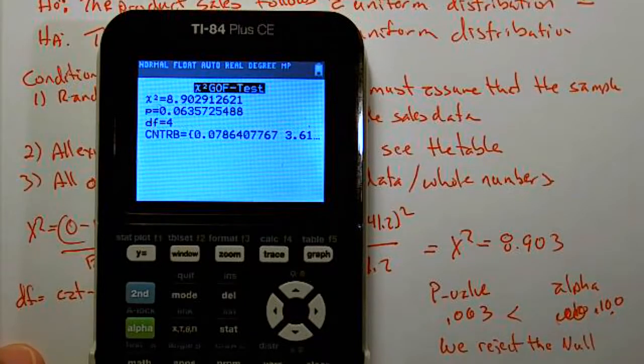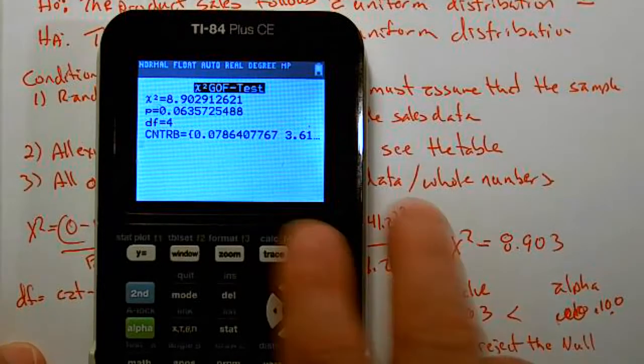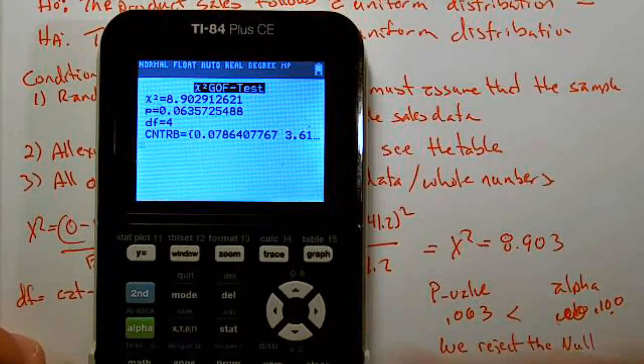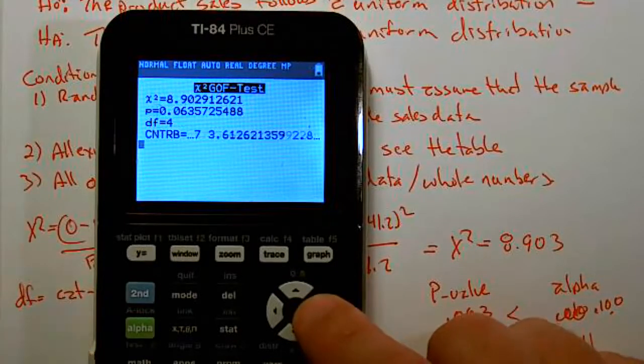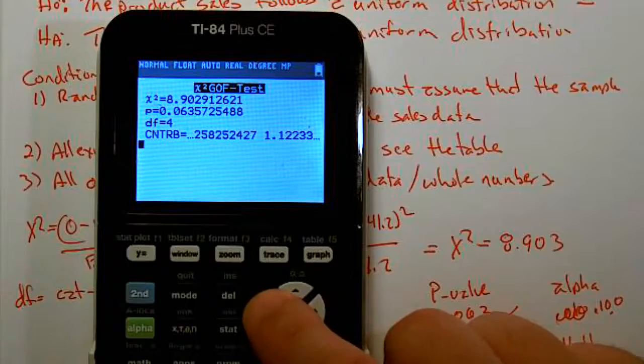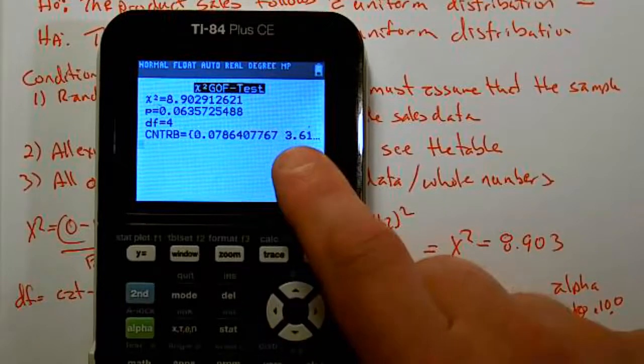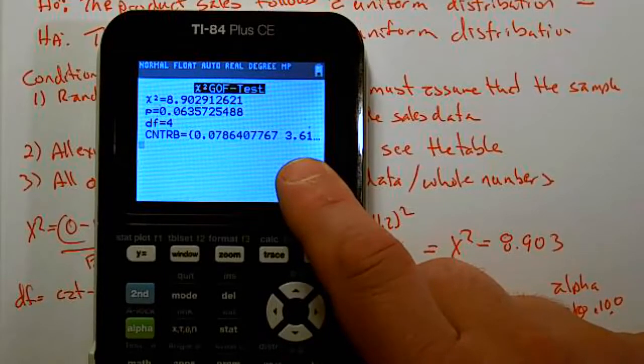And while we have it up here, we're going to look at our contributions real quickly. The first one, 0.07. The next one is 3.6, 2.8, 1.2, and 1.1. 3.6, which was the second one, was the largest. So that one has the greatest contribution.